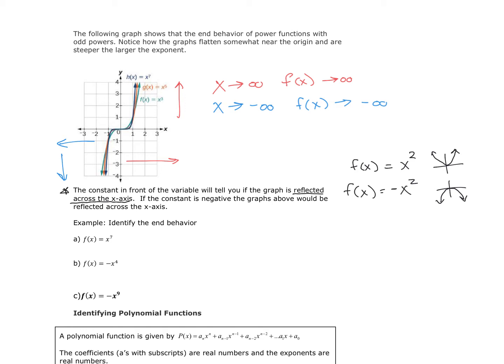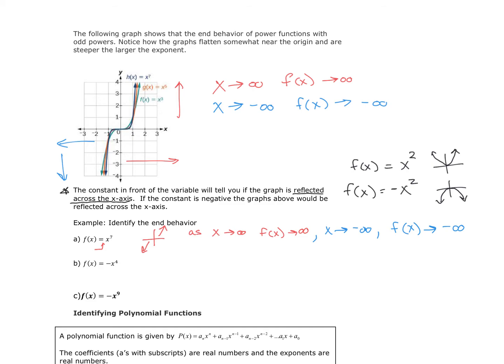We've got f of x equals x to the 7th. This is an odd power function and it's got a positive coefficient. So it's going to go up in the first quadrant, down in the third, and we would describe it as: as x goes to infinity, the function goes to infinity, and as x goes to negative infinity, the function goes to negative infinity.